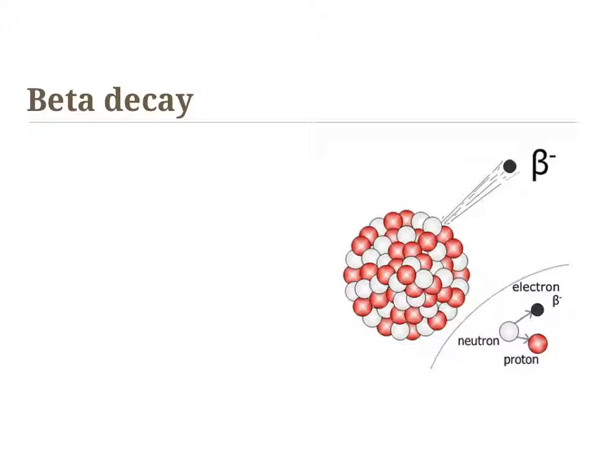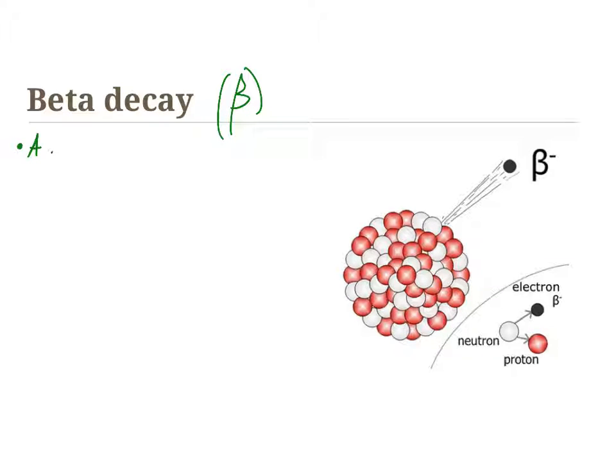Okay. The other type of decay that we are going to be working with is beta decay. Now, what happens in beta decay, this one is by far the trickiest, in my opinion, to keep track of. So I'm going to try to do the best I can to describe it.